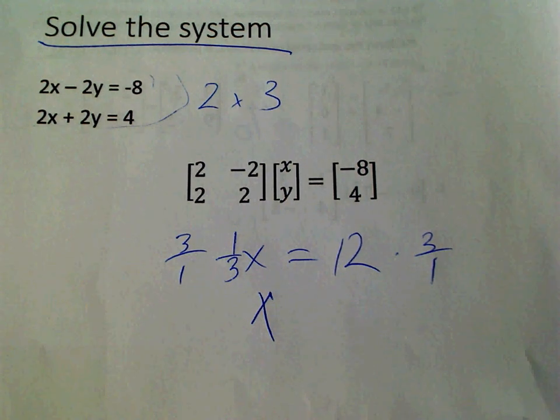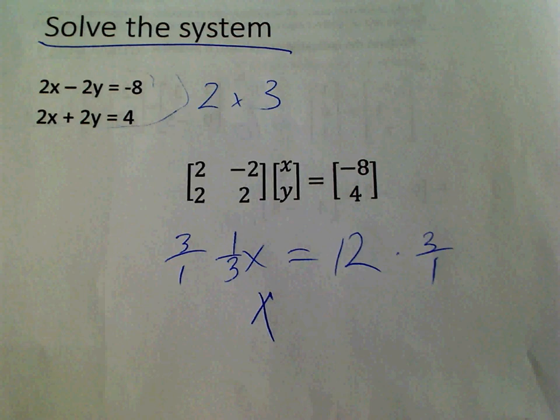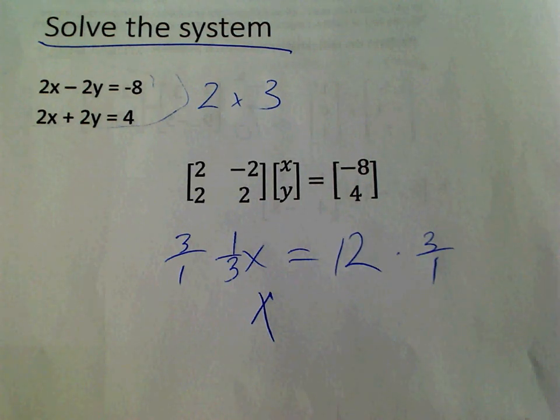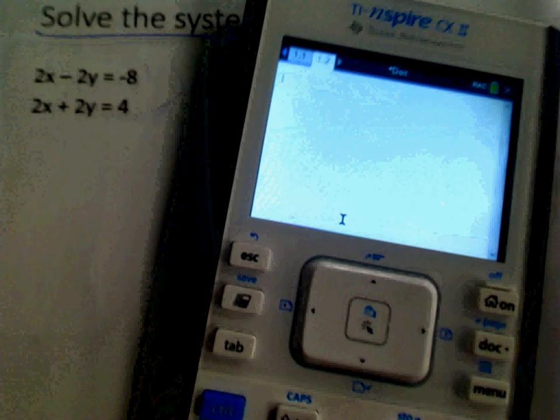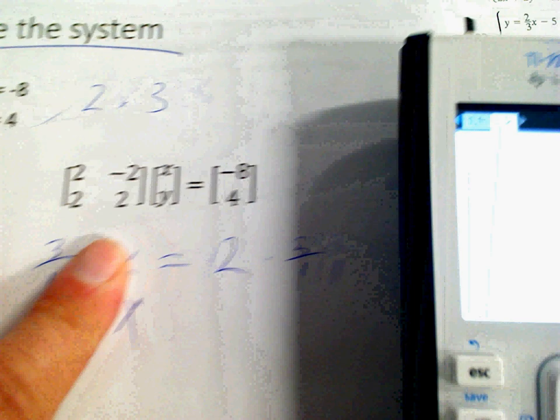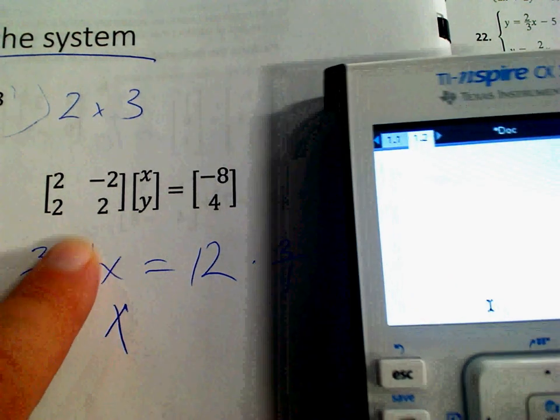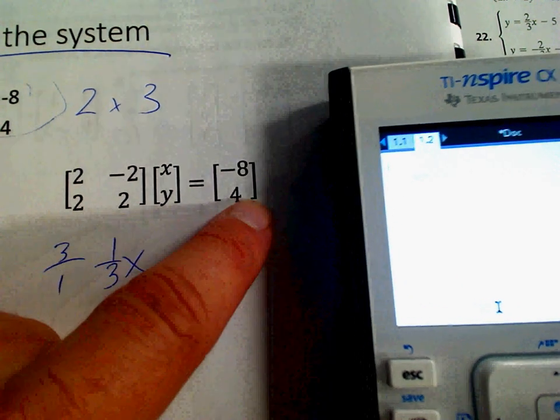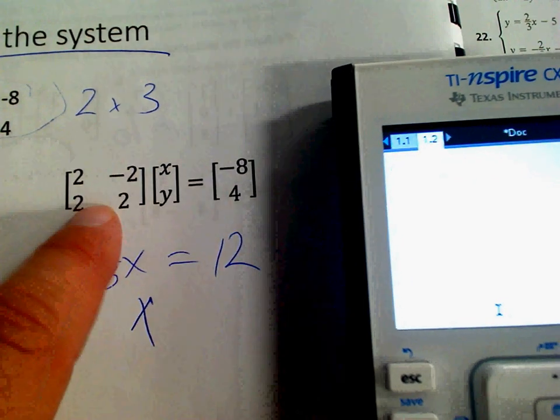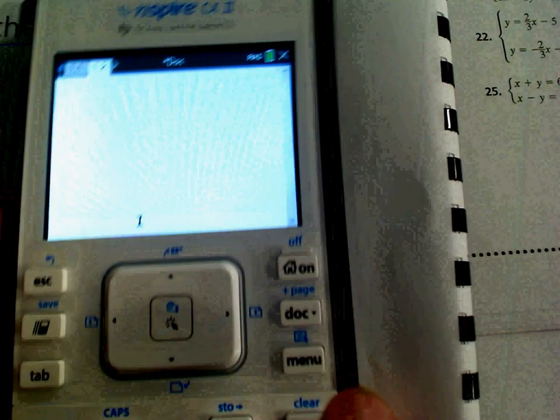All right, so let me show you on the calculator. Turn the calculator on. All right, on a fresh screen, if I wanted to solve this, I could take this side times the inverse of that. So first off, let's look at our calculator and learn where to find the matrices.